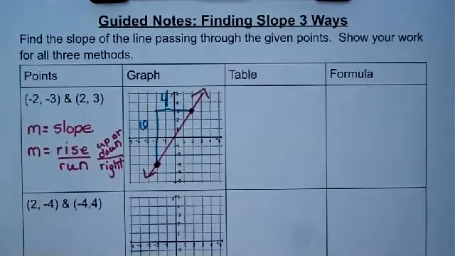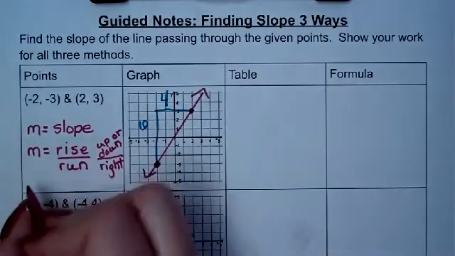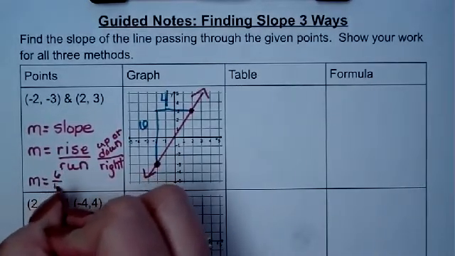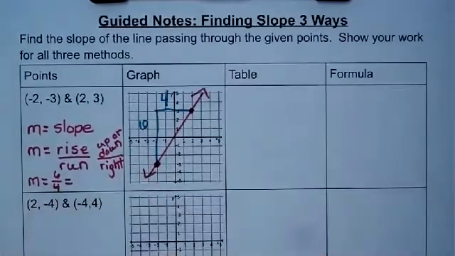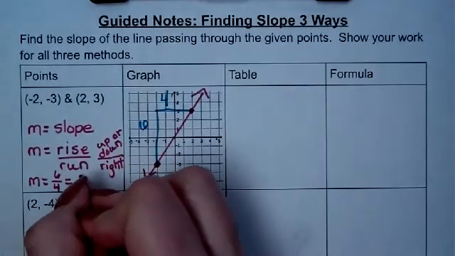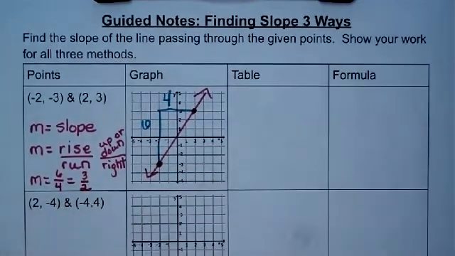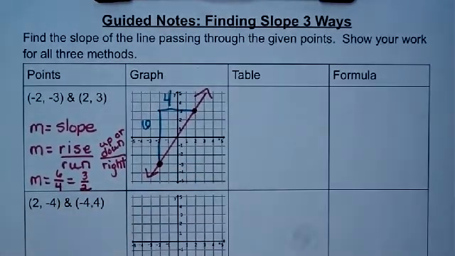So that is going to give me right here 6 over 4. But I know 6 over 4 can simplify. 6 over 4 is the same thing as 3 over 2. Now, with slope, you never, ever, never make it a mixed number. Always a regular fraction or an improper fraction, but a fraction.